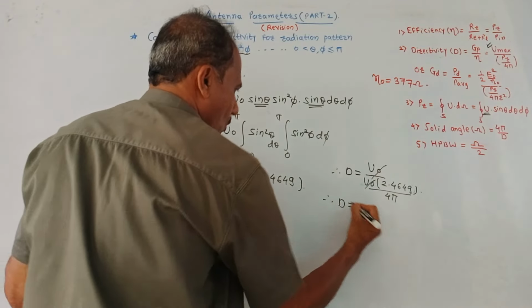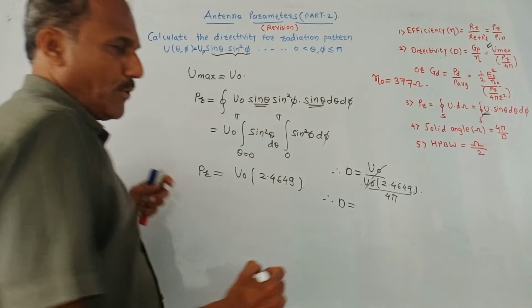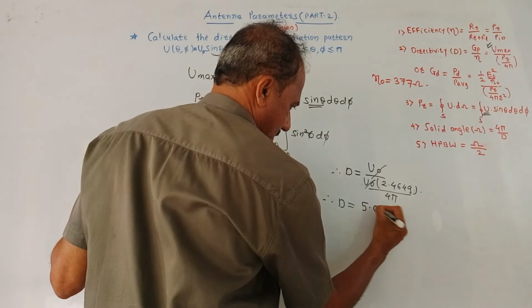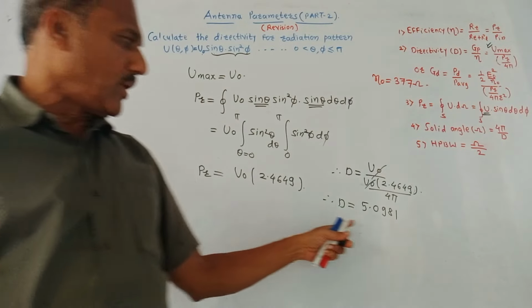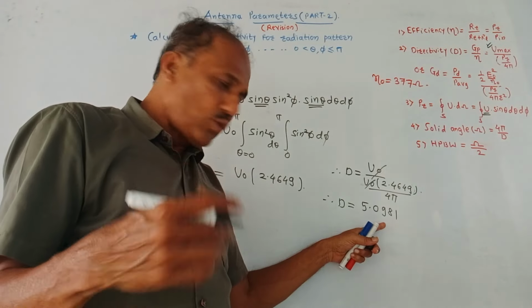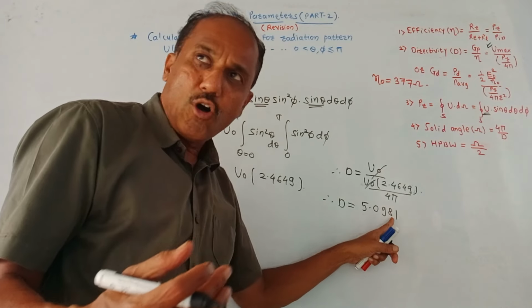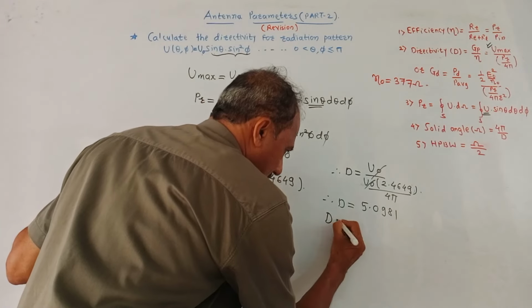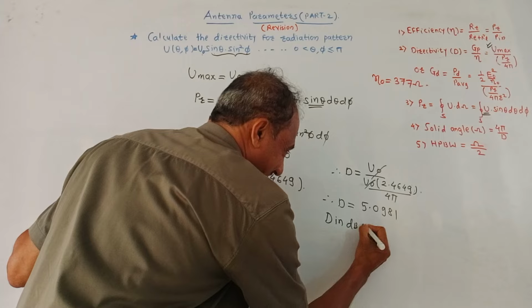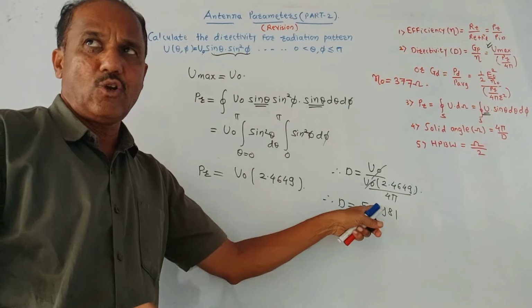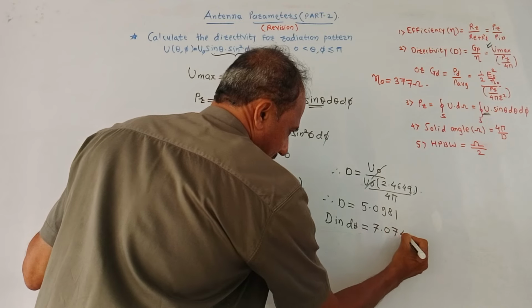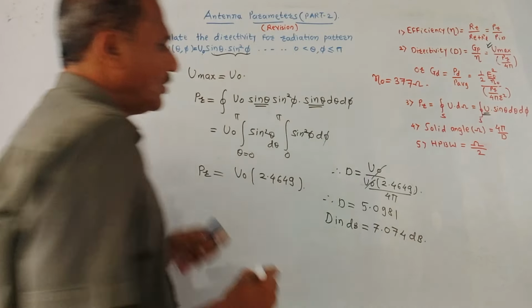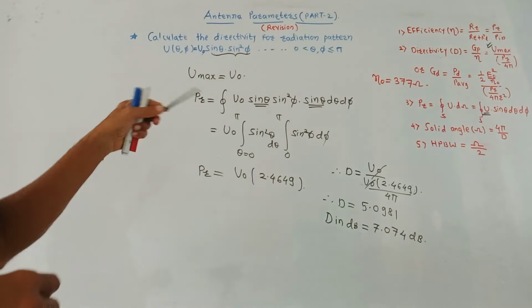Therefore, the value of D will be 5.0981. This value is in normal units, so we need to convert it into dB. It is 10 log of this calculated value. So directivity in dB is 10 log of this value, which is 7.074 dB. So this is the answer of directivity.